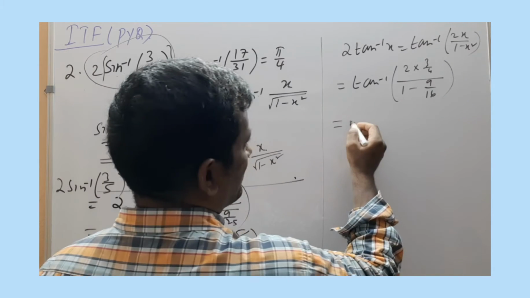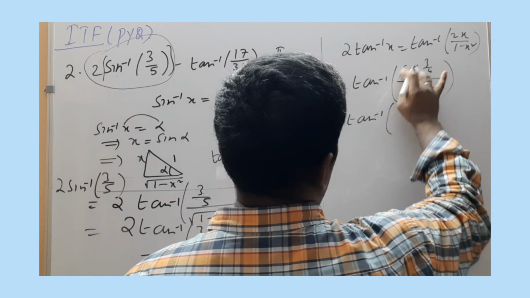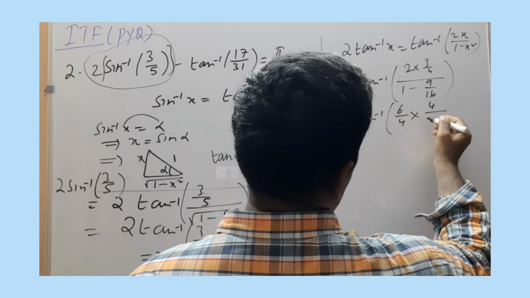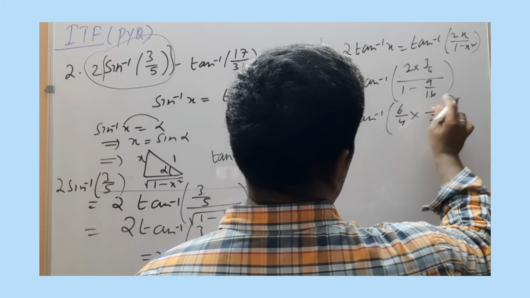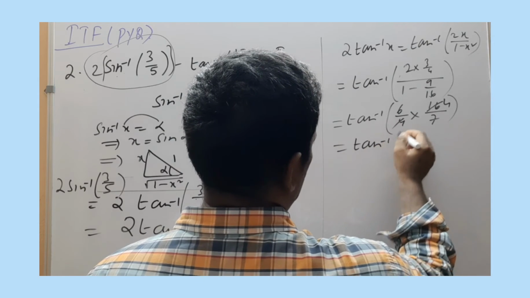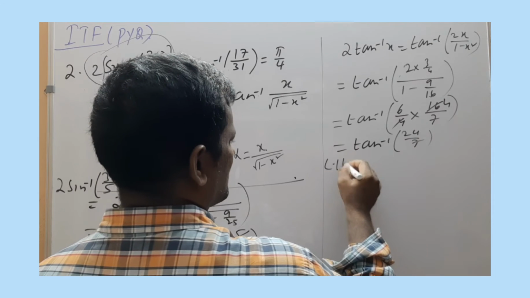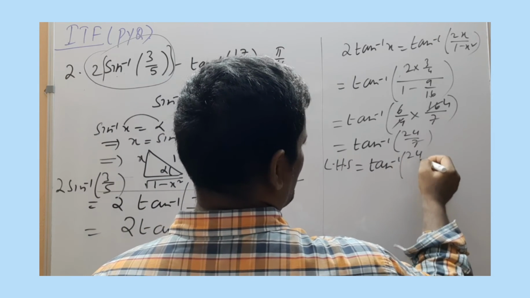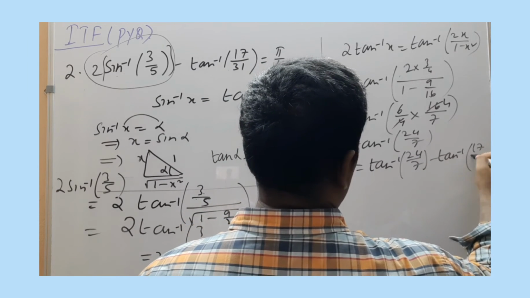So this will become finally tan inverse of, yes, don't cancel anything here, this is 6 by 4, this is 7 by 16, so 4 goes 4 times, you are going to get tan inverse 24 by 7. Right. Now LHS is nothing but tan inverse of 24 by 7 minus tan inverse of 17 by 31.